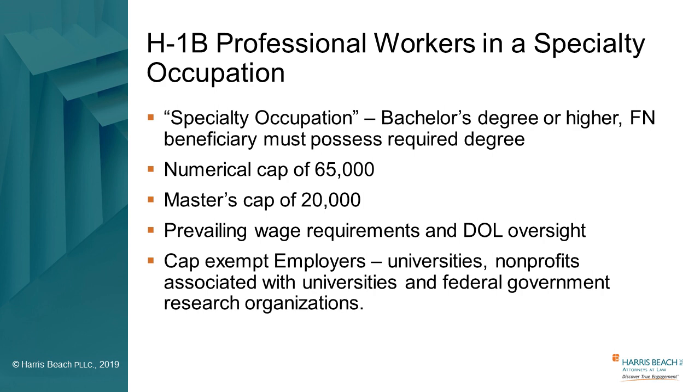It's because if you're subject to the cap, as most private employers are, the demand for these 85,000 is inching up every year and is really high. This year came in at a little over 200,000 applications in the first couple of days for those 85,000 available spots. And that's gone up slightly.